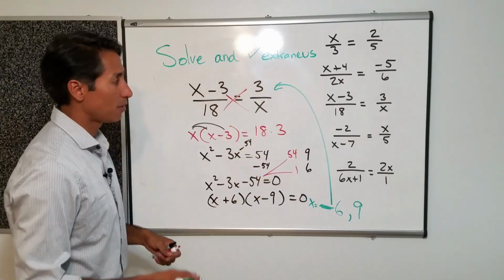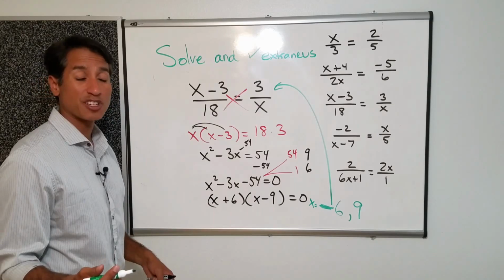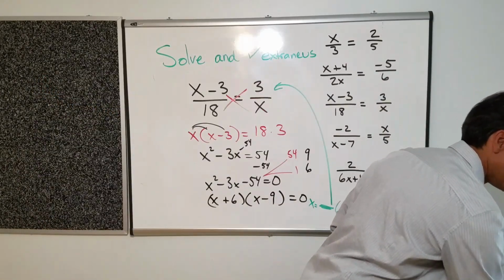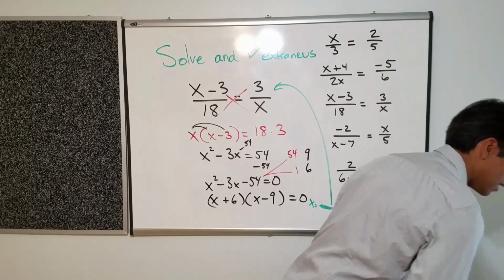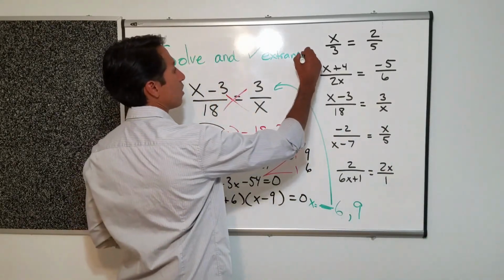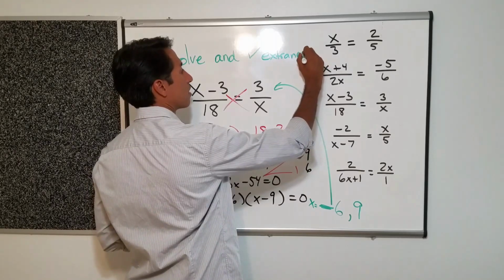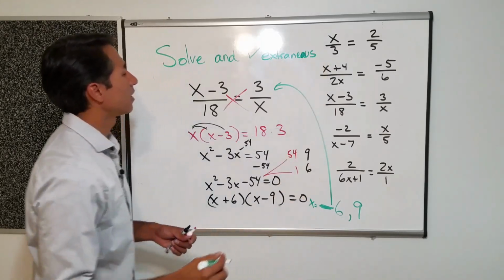Now you're dealing with a possibility of an answer not actually working in your equation. Okay, and so that does happen. Let me change that. I don't want to tell you guys how to spell something wrong. There's an O that goes right in there.